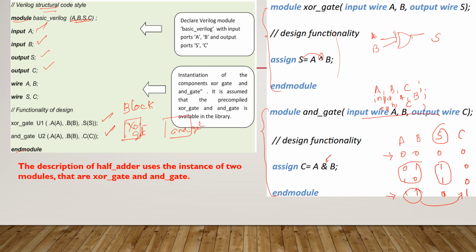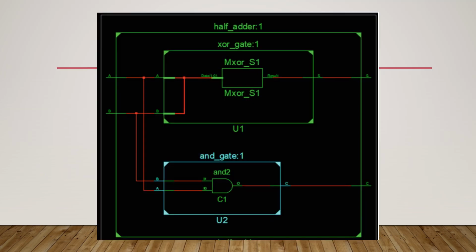This is the way we have to write the program in the structural code style. Next, we are going to see the RTL schematic of this design. If you run this program in the Xilinx 14.7 software, you will get the RTL schematic like this.